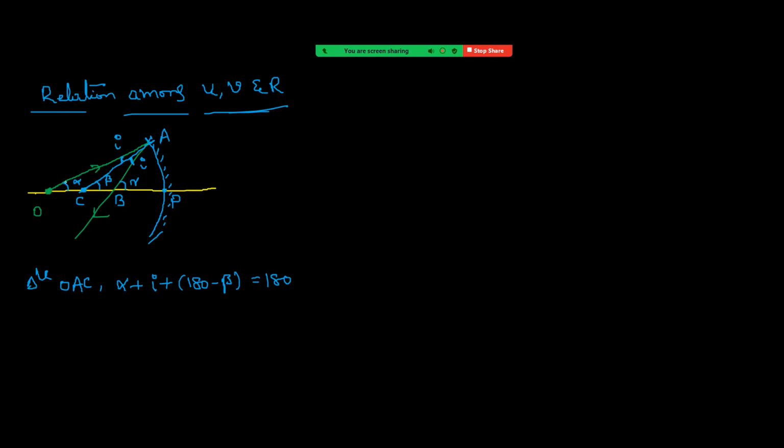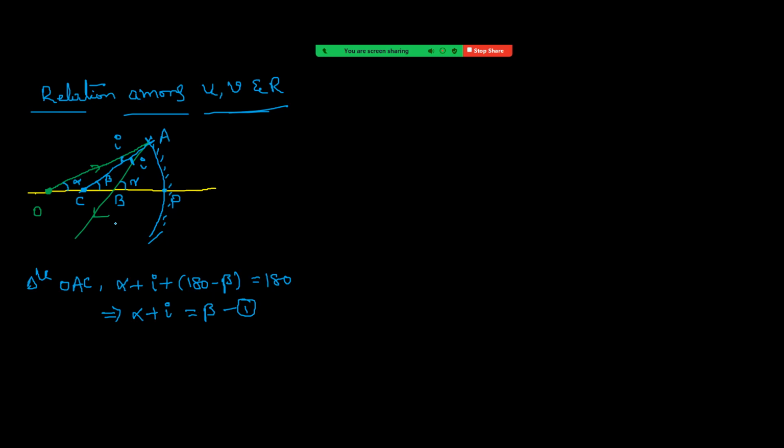See carefully: alpha, this is psi, and this angle is 180 minus beta. Now from this, 180 cancels. Alpha plus psi is equal to beta. So that is equation 1.